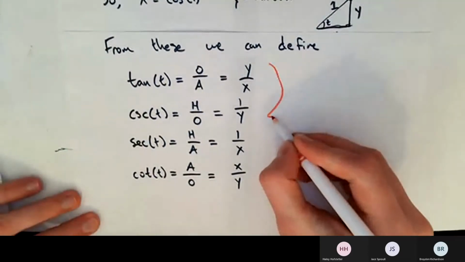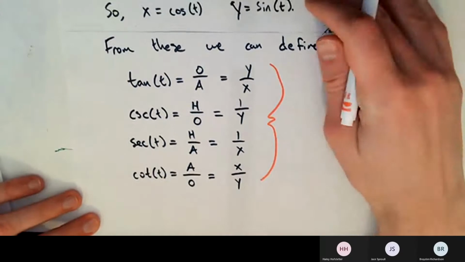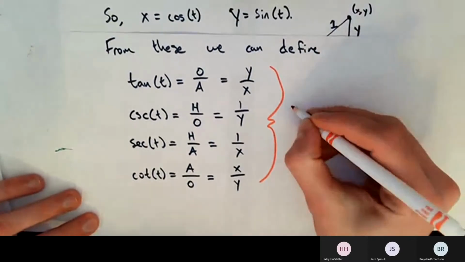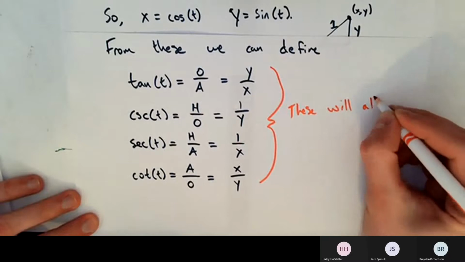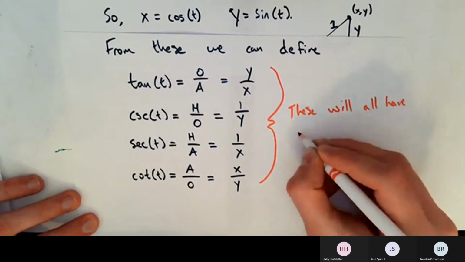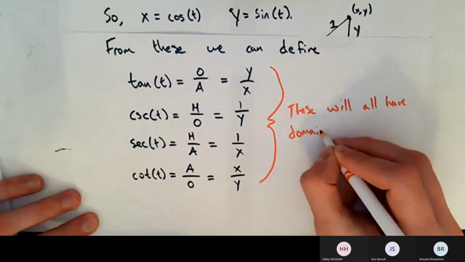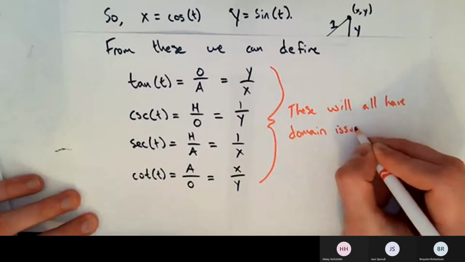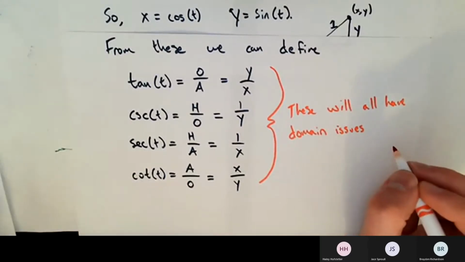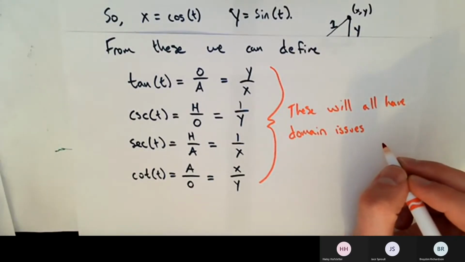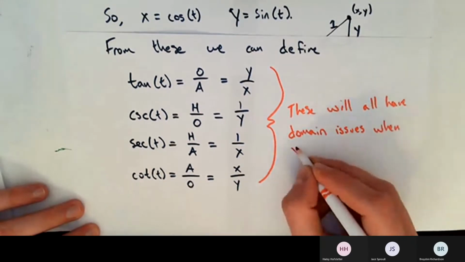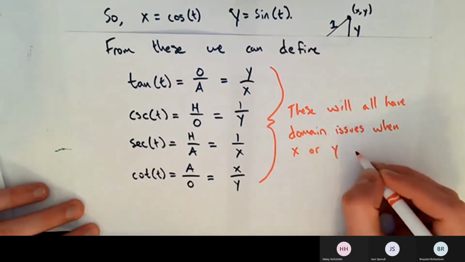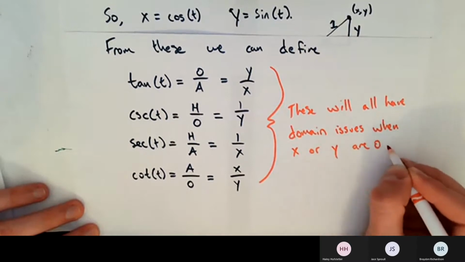Note that all of these four, unlike the sine and cosines, these will all have domain issues. When x or y are 0, right?